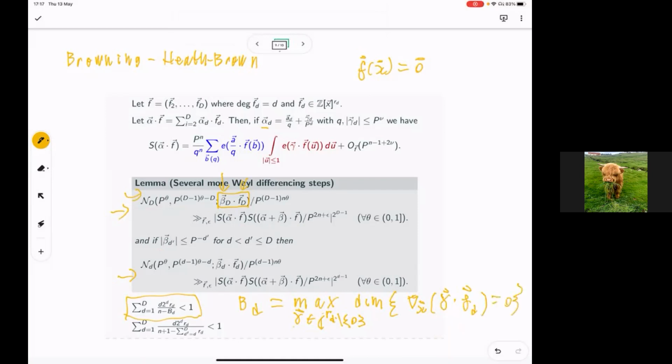Okay, there we go. So this is the maximal dimension of a singular locus associated to the degree little d part.